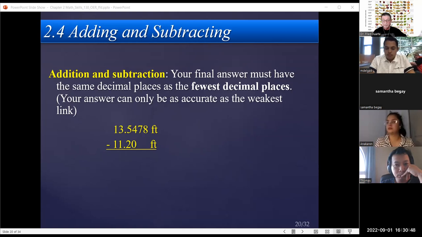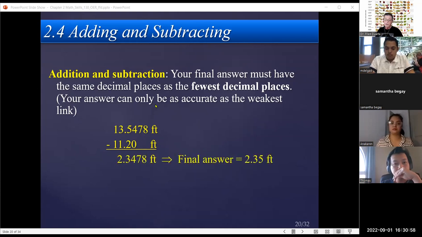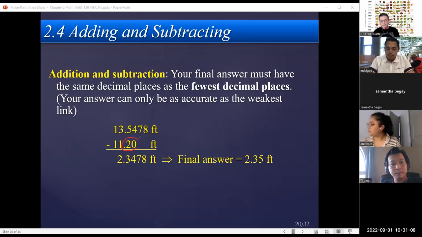So you do the math, be it addition or subtraction, do the full number. Don't round off any numbers until you're done with the mathematics. So you see, as subtracted, you get 2.3478 as your answer with all the digits. This has two decimal places, so your answer should be truncated at the second decimal place, the 100th place.